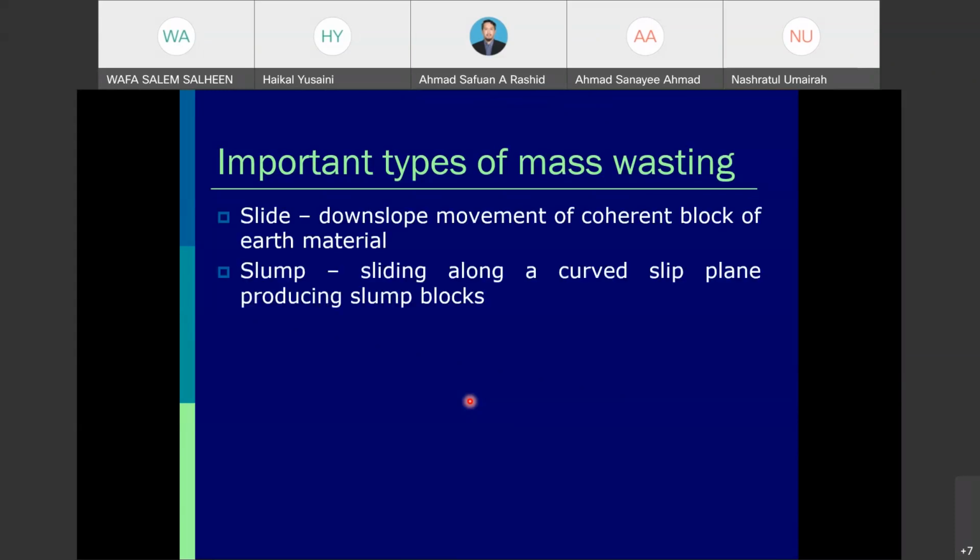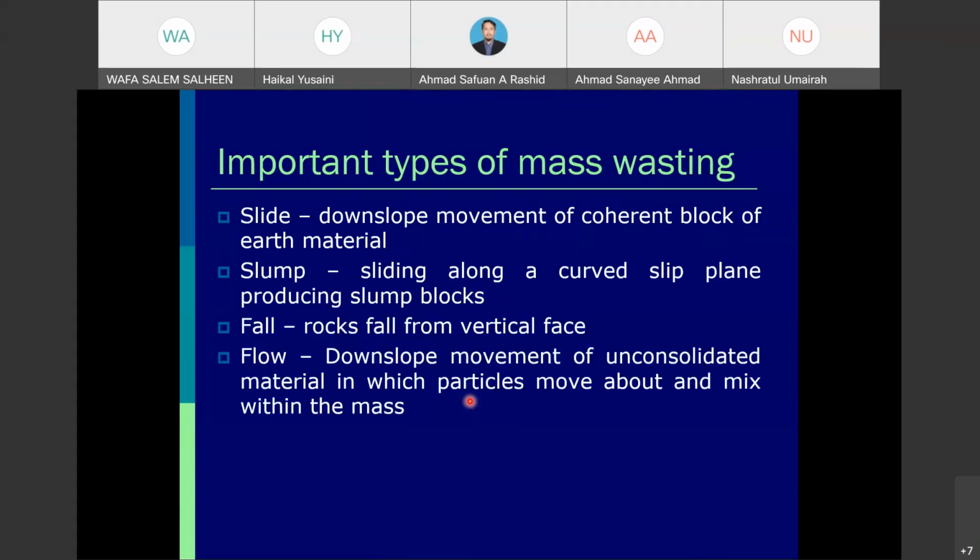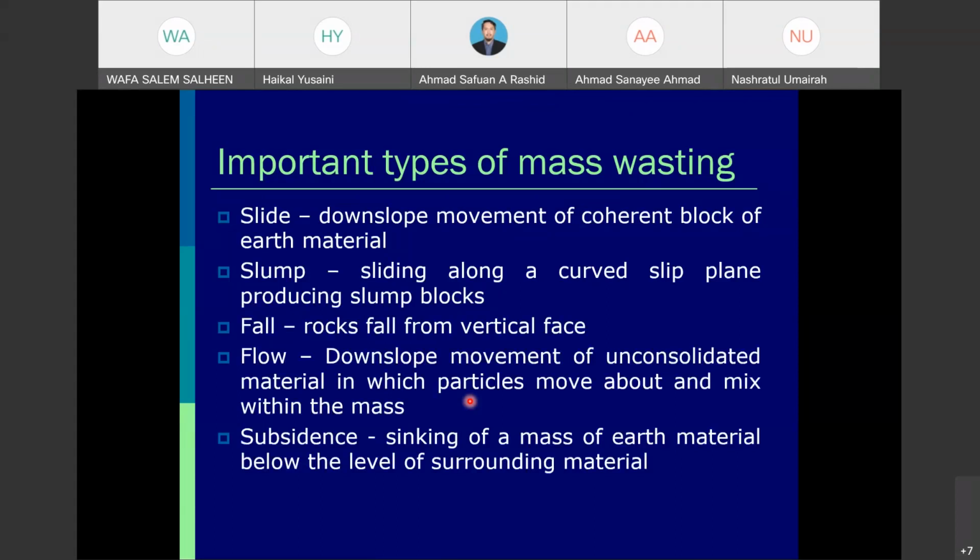A slump slides along a curved slide plane, producing a slump block. A fall is rock fall from a vertical face. Flow is the downslope movement of unconsolidated material, in which particles move about and mix within the mass. Subsidence is the sinking of a mass of earth material below the level of the surrounding material. So these are types of soil movement or mass wasting.